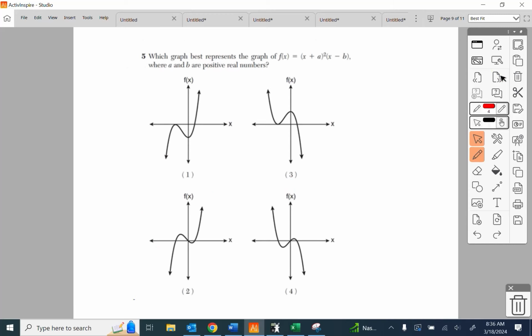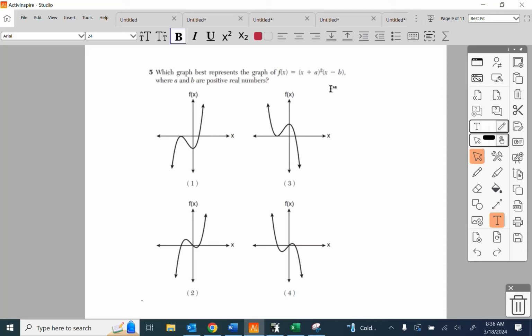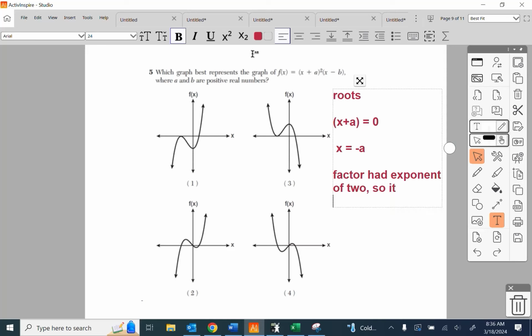Which graph best represents the graph of f of x equals x plus a squared times x minus b? Now, for your zeros or for your roots, you think about x plus a squared, or just x plus a equals 0. And that says x is negative a. Now, that factor had an exponent of 2, so it touches the x-axis on the left, because x is a negative number.